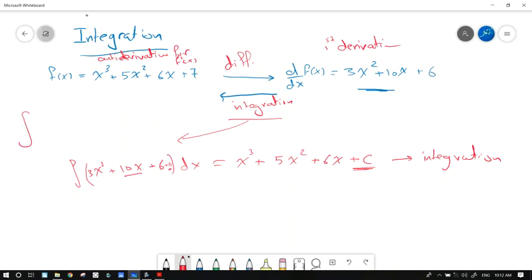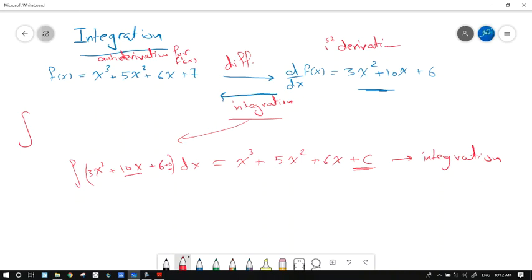And the problem now is how to find these antiderivatives, or how to make an integration process. Will I just predict that the antiderivative of 3x power 2 is x power 3? I need a certain process or a certain rule to find the integration of a given function.